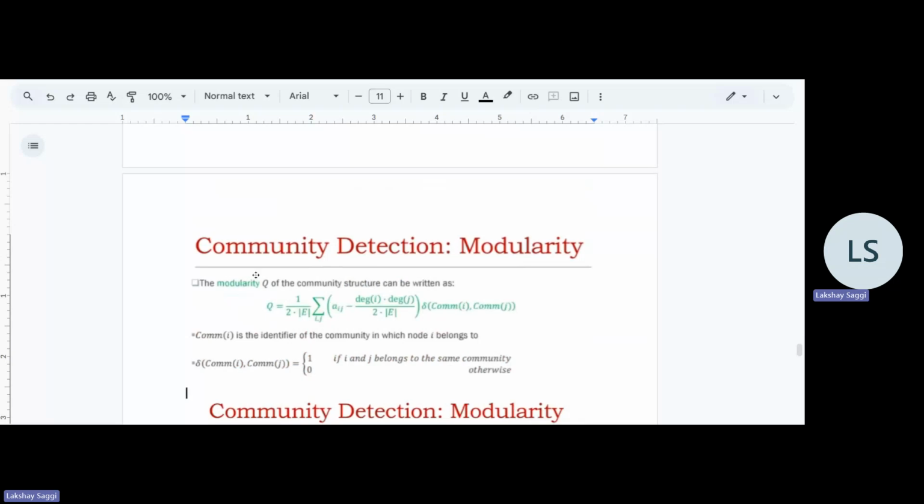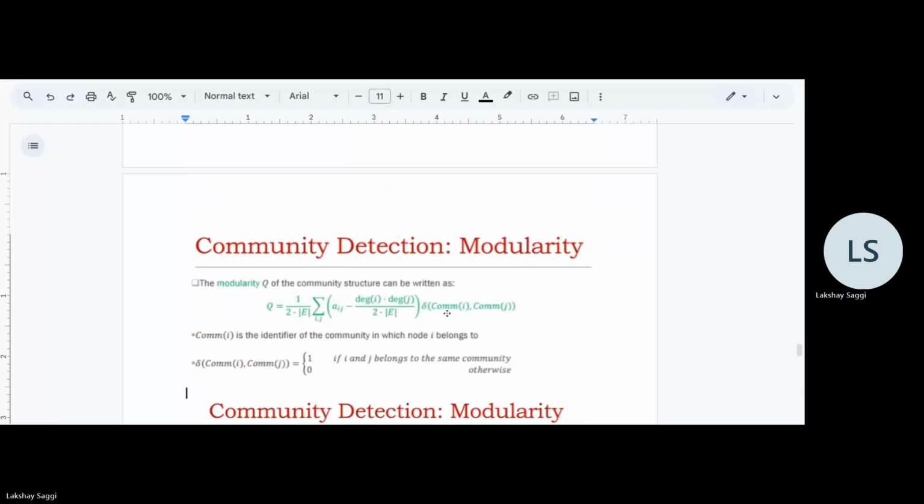So here, modularity is also a metric, and for a given community structure, its value is given by 1 divided by twice the number of edges, times the summation over i, j, where i and j are pairs of vertices in the graph, of A_ij minus degree of i times degree of j divided by twice the number of edges, and this summation is multiplied by delta of community of i, community of j.